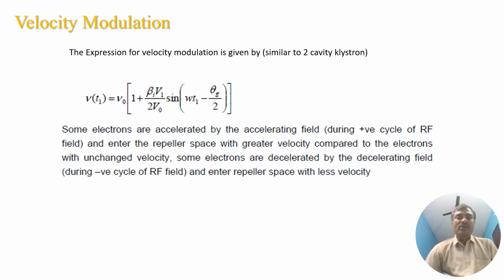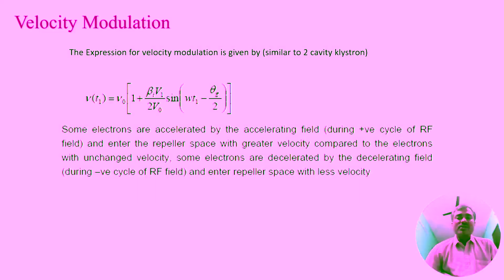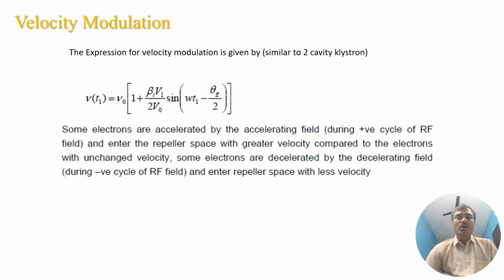The electron, also called the reference electron, which falls at zero value of RF voltage, travels with unchanged velocity. The expression for the velocity modulated electron is given by V(T1) = V0 [1 + (βi V1 / 2V0) sin(ωT1 − θg/2)].